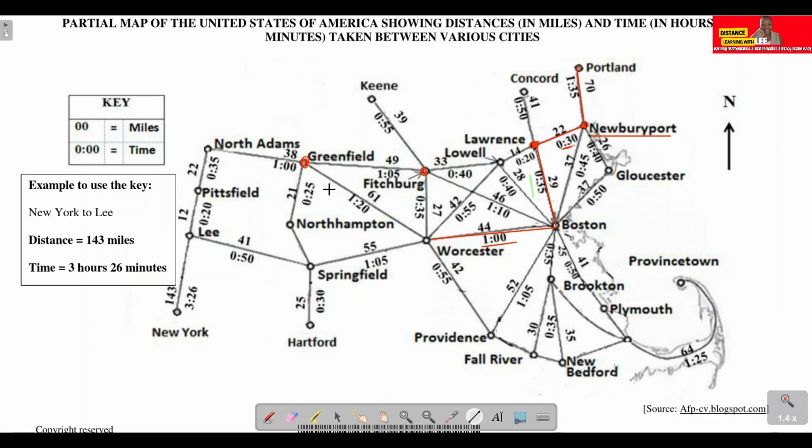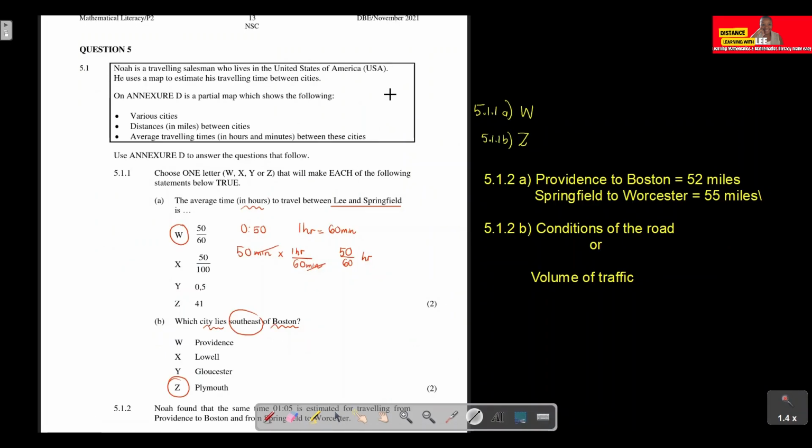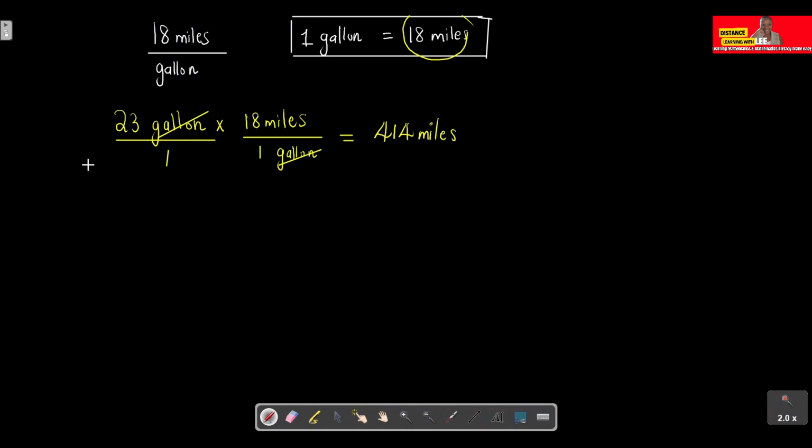The miles between these two cities is 49 miles. So for one trip, when he goes from Greenfield to Fitchburg, he travels 49 miles. One trip is equal to 49 miles.